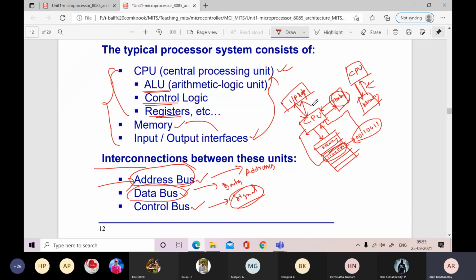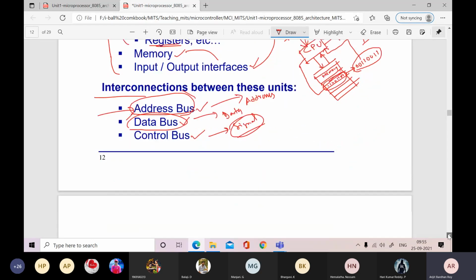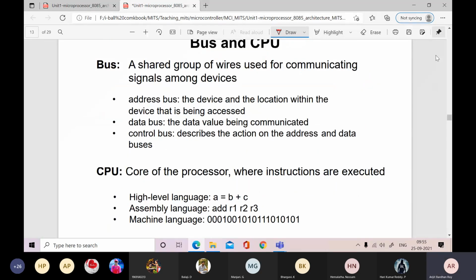So this is the full process of the working principle of the microprocessor system. Some other components are also there, which I already told you, bus and CPU.